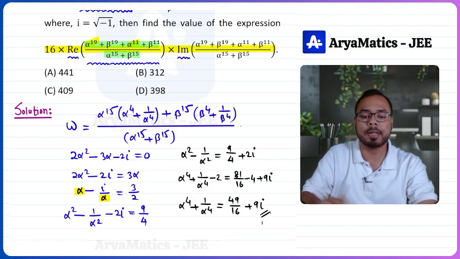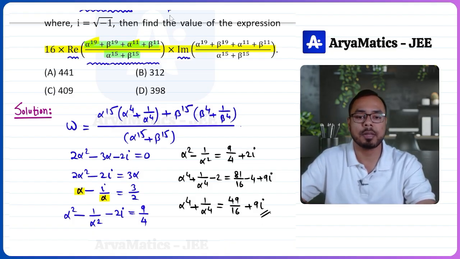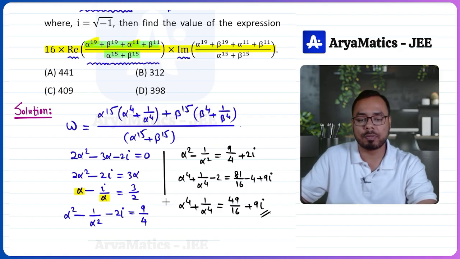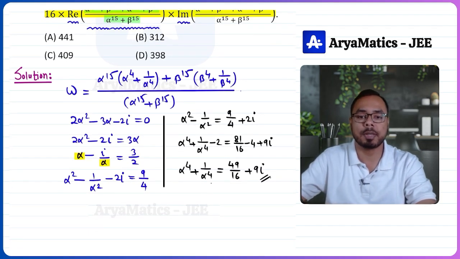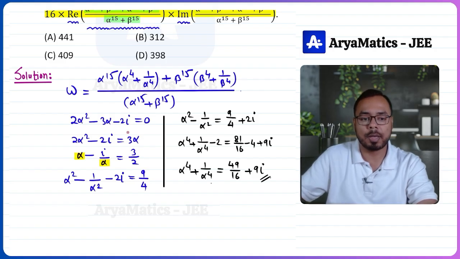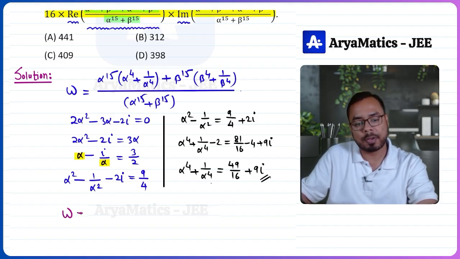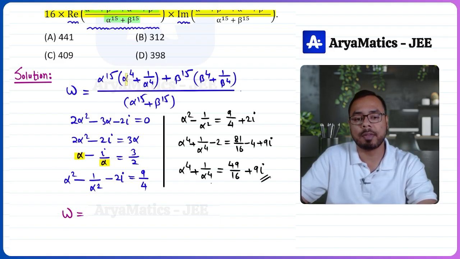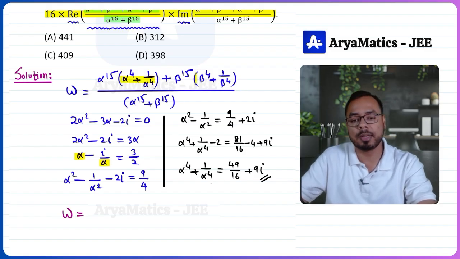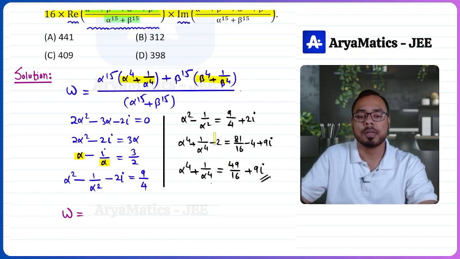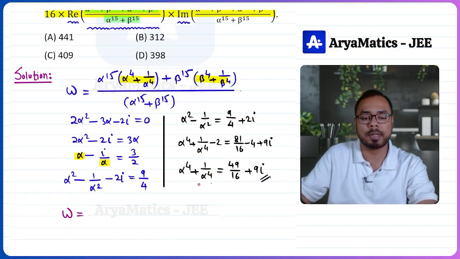Now remember, beta is also the root of the same equation. So beta raised to 4 plus 1 by beta raised to 4 will also have the same value, because you can replace alpha with beta and do the same sequence of steps.